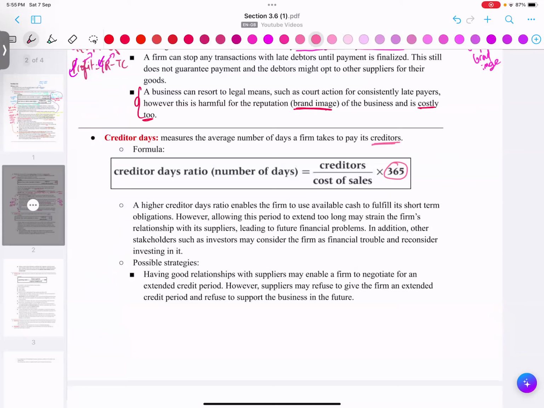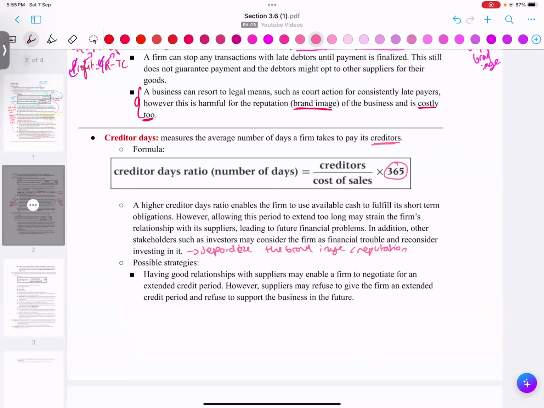They're not making money. They're going bankrupt, or I'm kind of exaggerating, but basically the firm is not doing well. So this is going to jeopardize the brand image and reputation of the firm.